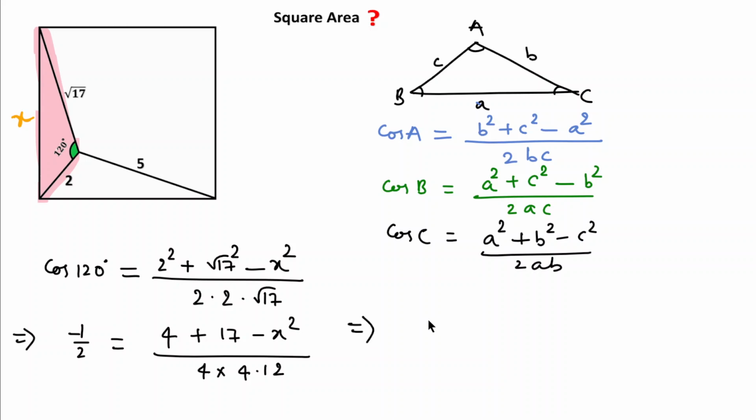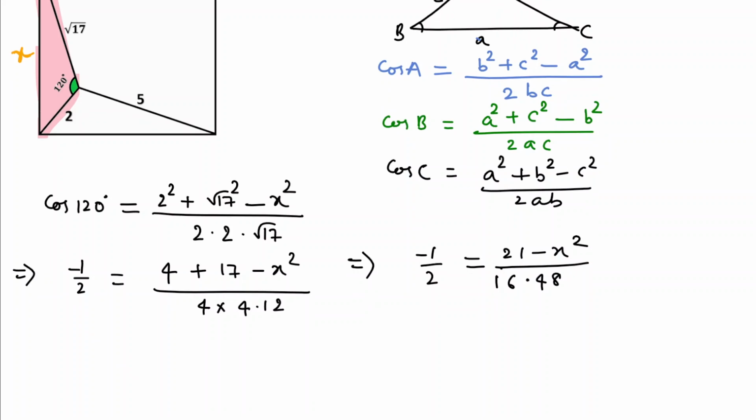Next we can write minus 1 over 2 equal to 21 minus x square over 8.24, so this becomes 16.48.